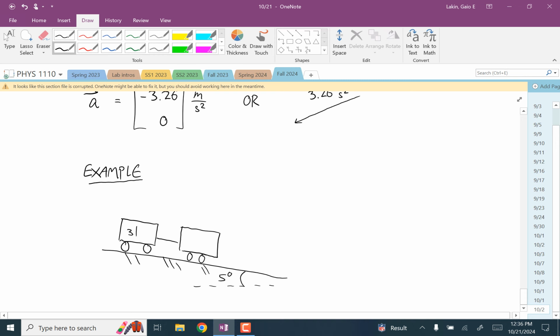Let's say the first one is 3 kilograms and this one's 5 kilograms. And we're applying a force of 3 newtons up the ramp. And let's say we want to calculate two things. We want to calculate the acceleration vector, and then we also want to calculate the tension in that cable between the two carts.